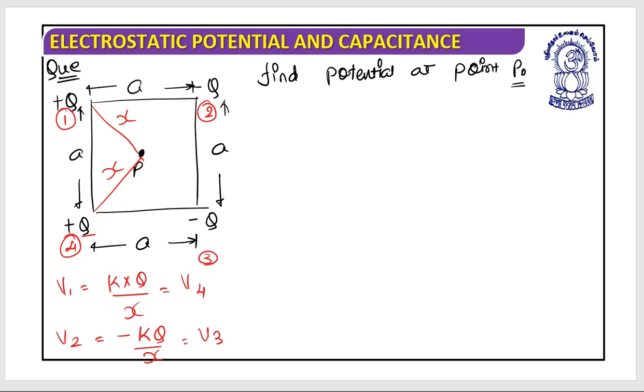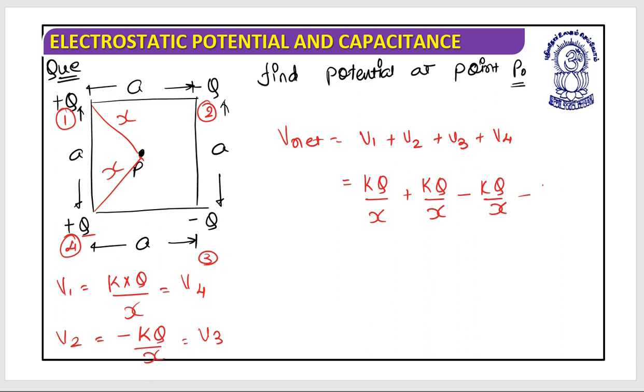Now what would be the V net? To find V net, I simply add V1 plus V2 plus V3 plus V4. That is kq by x plus kq by x minus kq by x minus kq by x.